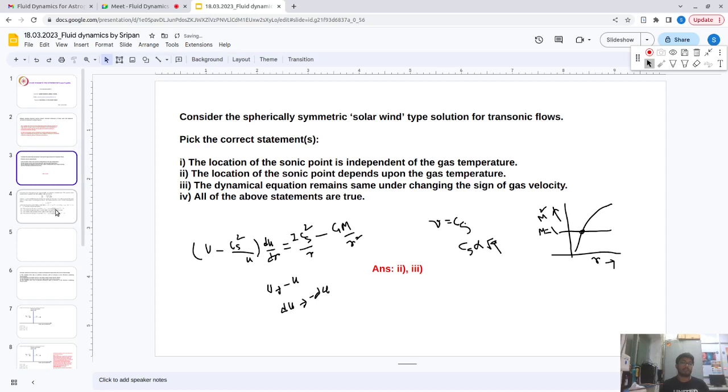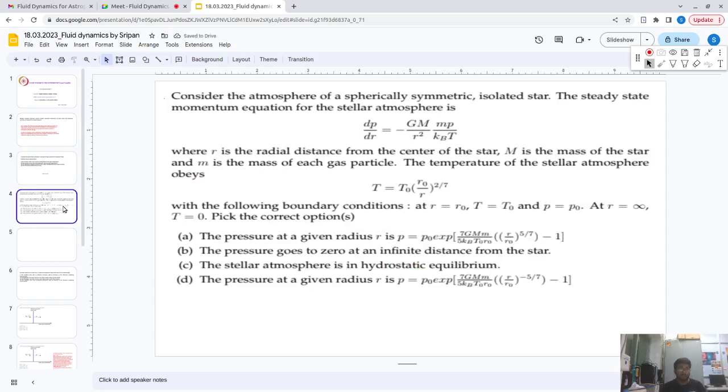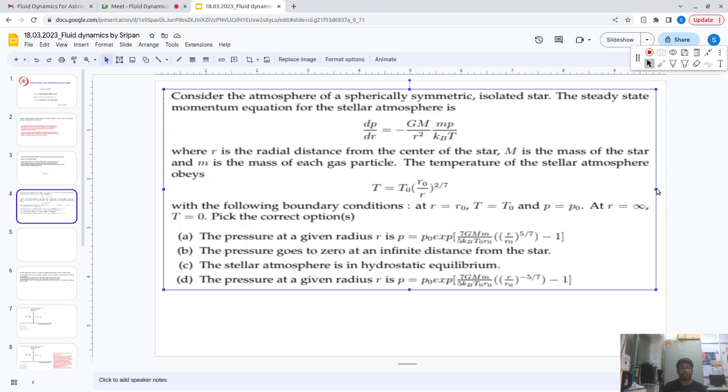Okay, now this is the next question. It is telling that consider the atmosphere of a spherically symmetric isolated star. The steady state momentum equation for stellar atmosphere is this one.